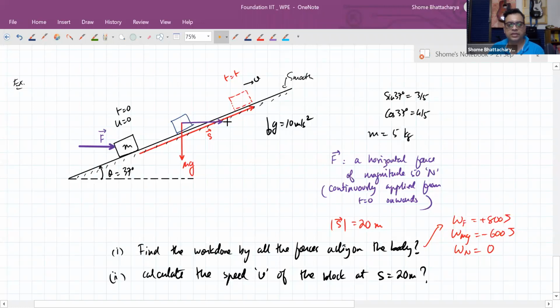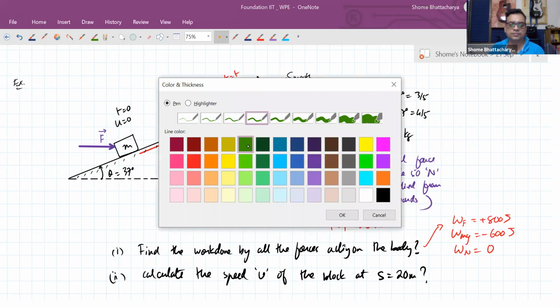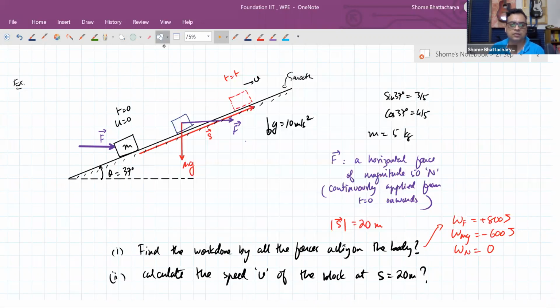This is a force acting in this sort of direction. Okay. And there is the normal reaction that the ground is applying, or the surface below is applying. That will be in this sort of direction. Along the direction normal or perpendicular to the surface.